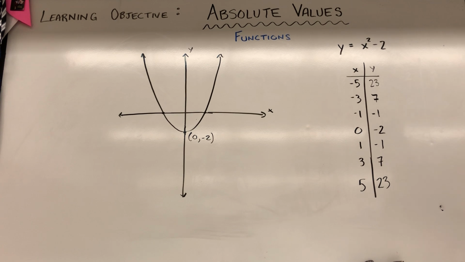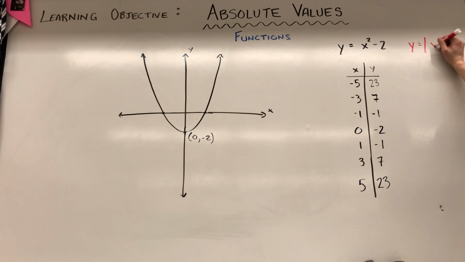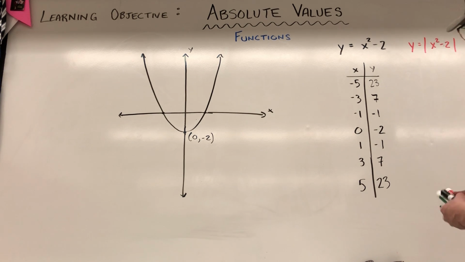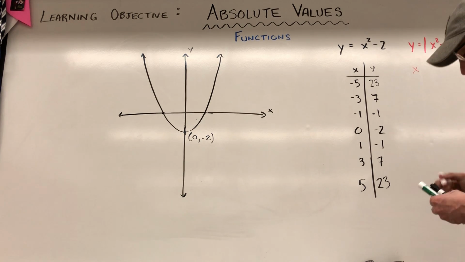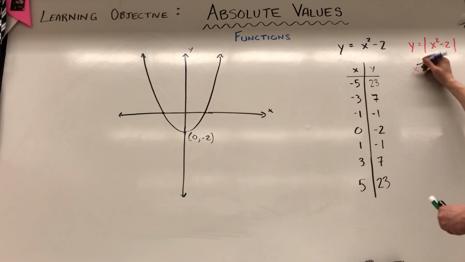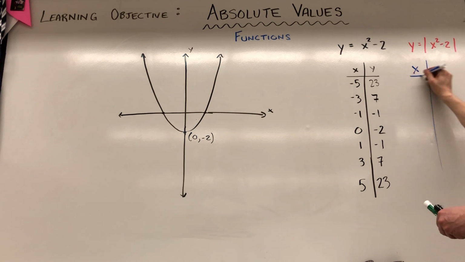Now what if I had an absolute value function of that? What if I said, y is equal to the absolute value of x squared minus 2? I start with this. Man, why is red always letting me down like this? Okay, sorry. So x and y. I'm going to use the same x's.